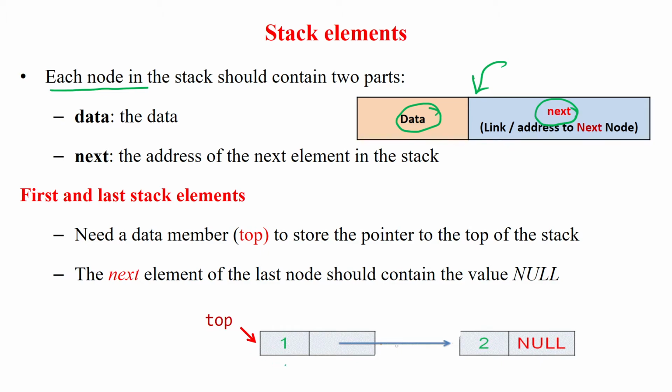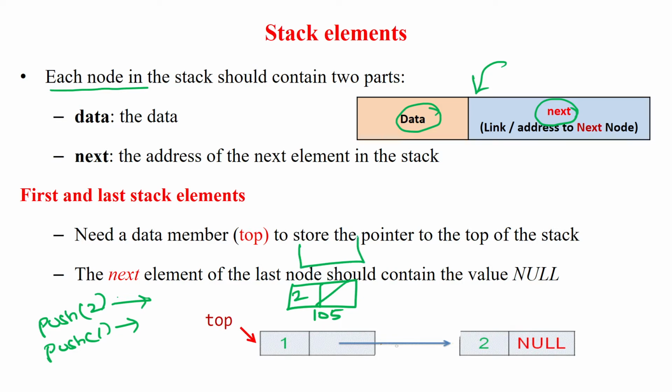Here the first we have inserted is push 2, then the second time we are pushing 1. For push 2, we will create the node like this. This is null, this is 2, and the memory location may be 105. Then when we are pushing 1, it will be inserted at the top of the stack. So when 1 is pushed, the address in the next field of 1 will be 105. The link will be created like this.